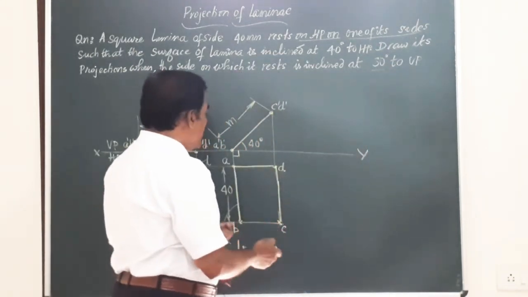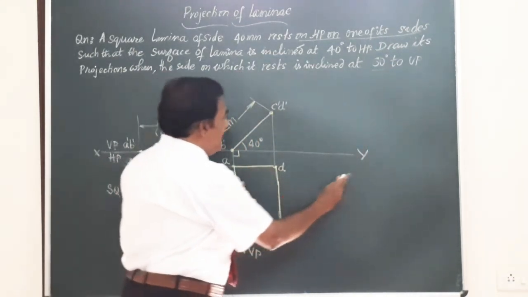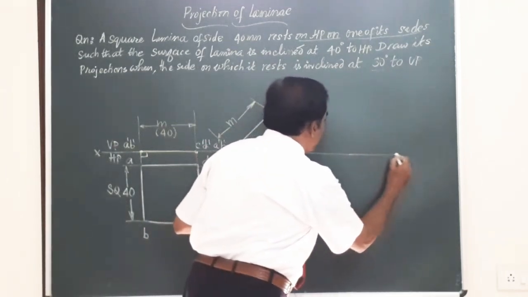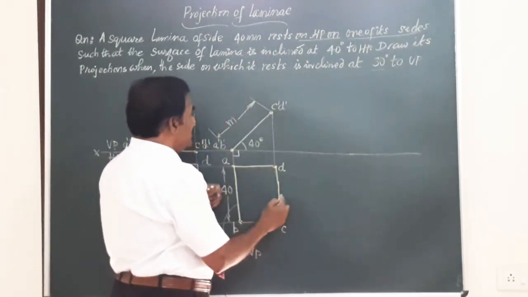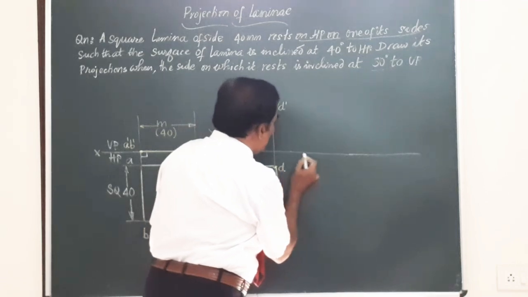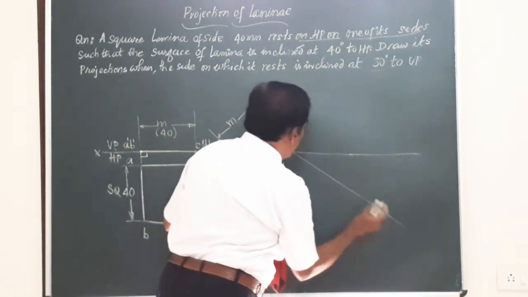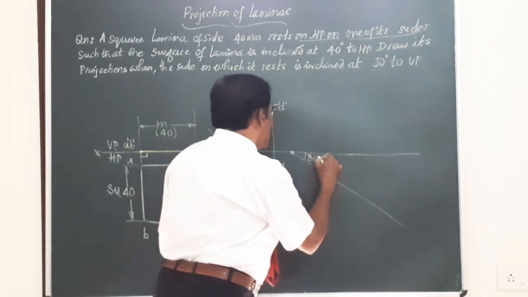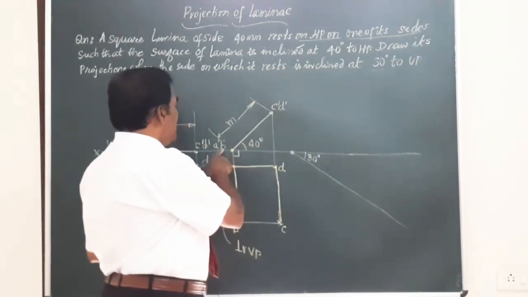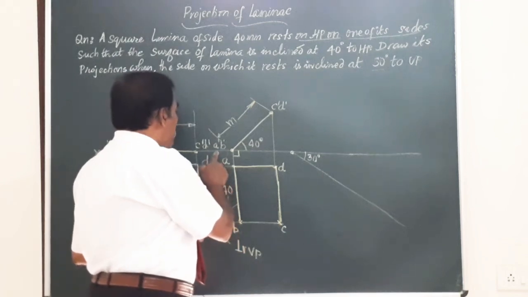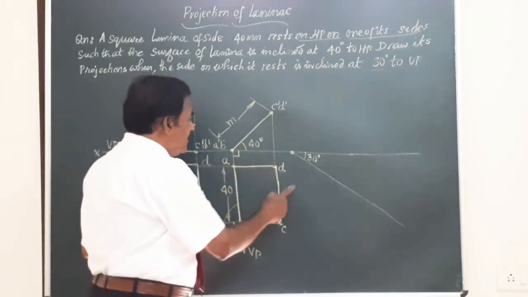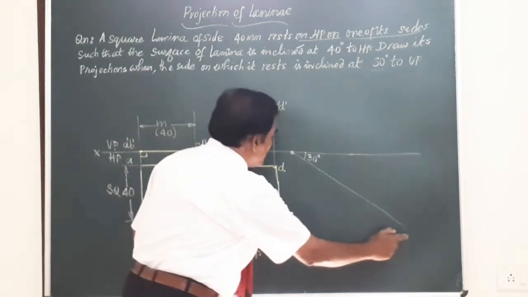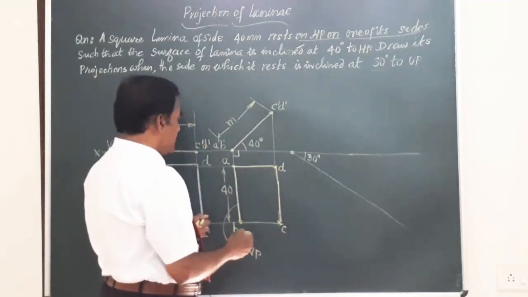So I am going to redraw this top view again on a line which is inclined at an angle of 30 degrees to VP. So mark anywhere here a line at an angle of 30 degrees to VP. On that you will have to mark the side which is on HP. So I am going to mark this figure with that side AB on this line which is inclined at 30 degrees to VP.